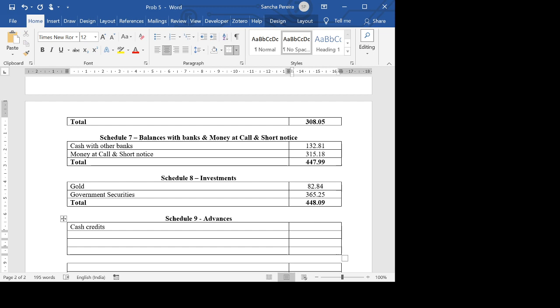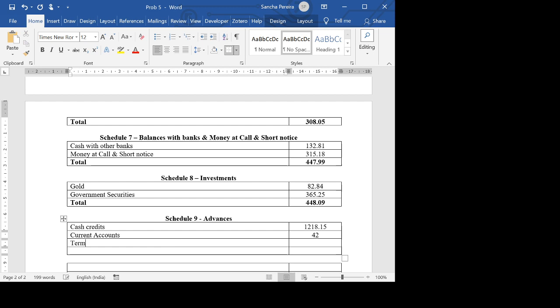Cash credits are 1218.15. Then we also said that we transfer current accounts, which is basically the overdrafts. The amount is 42.